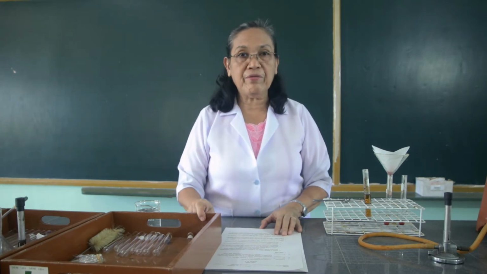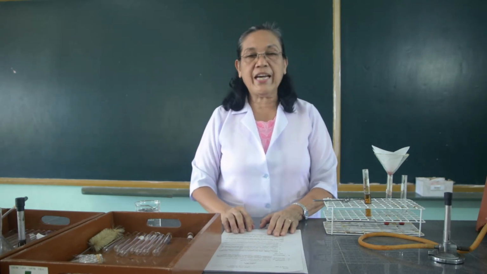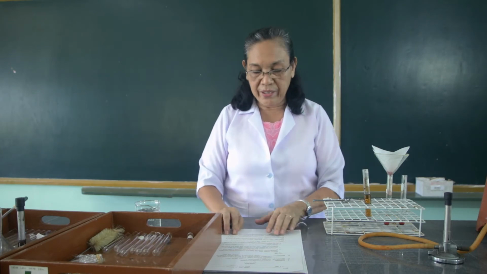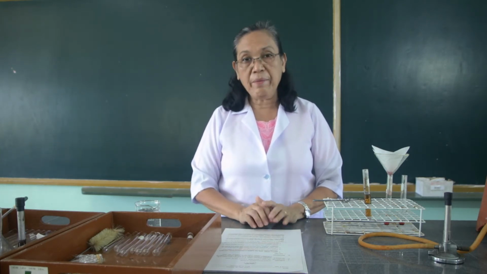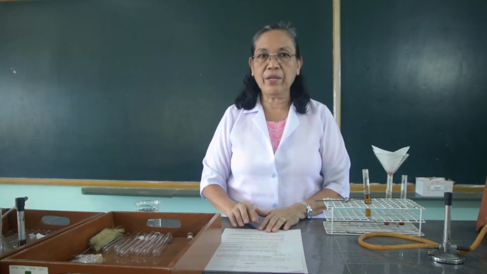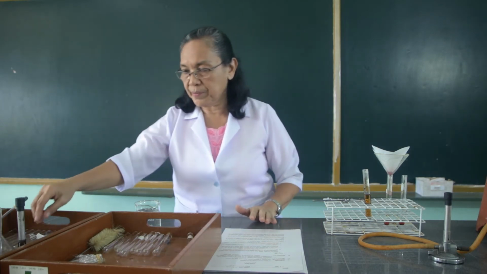For procedure number 4, we are going to get 10 ml of the distilled water, place it in a test tube, and add 1 ml of coconut oil. And I want you to observe what happens.